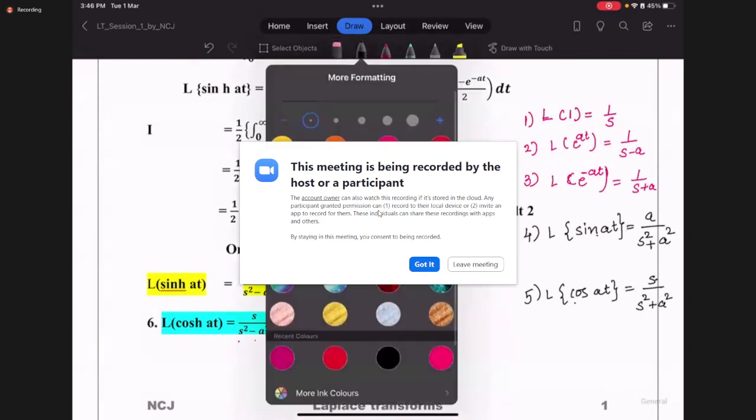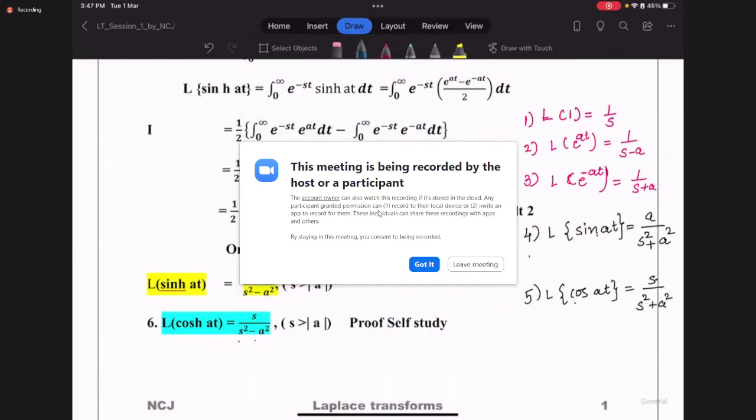Now I want to write Laplace of sinh at. What is the change? In the denominator there is a minus.